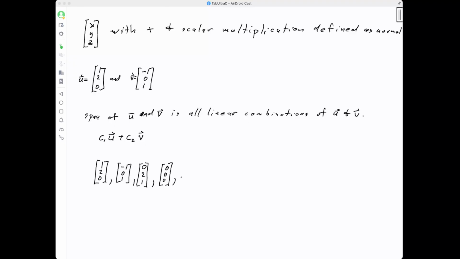And if I keep doing that for every possible constant C1 and C2, every possible number C1 and C2, I will get infinitely many vectors. That span is going to be a vector space itself.